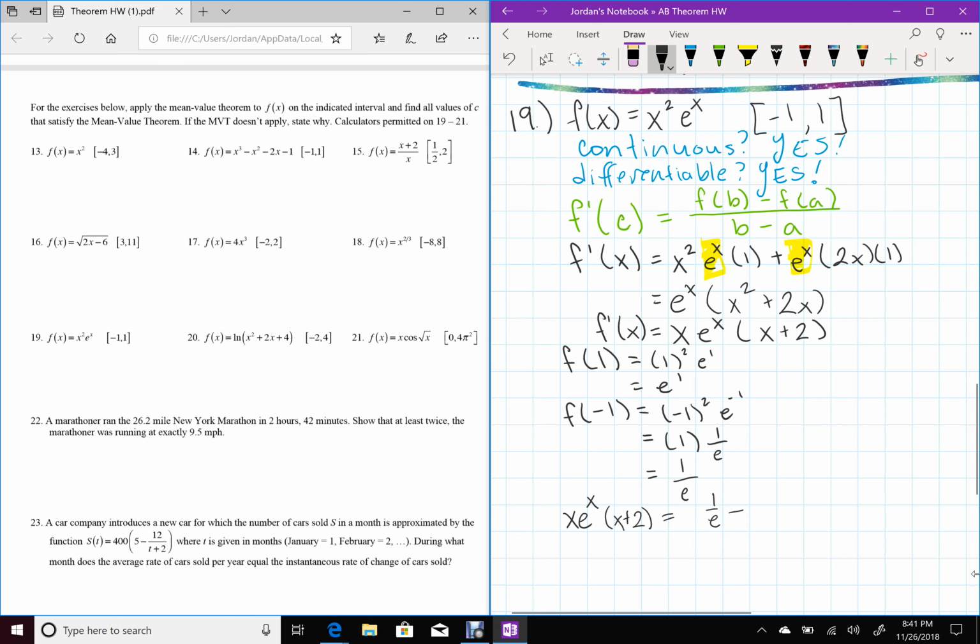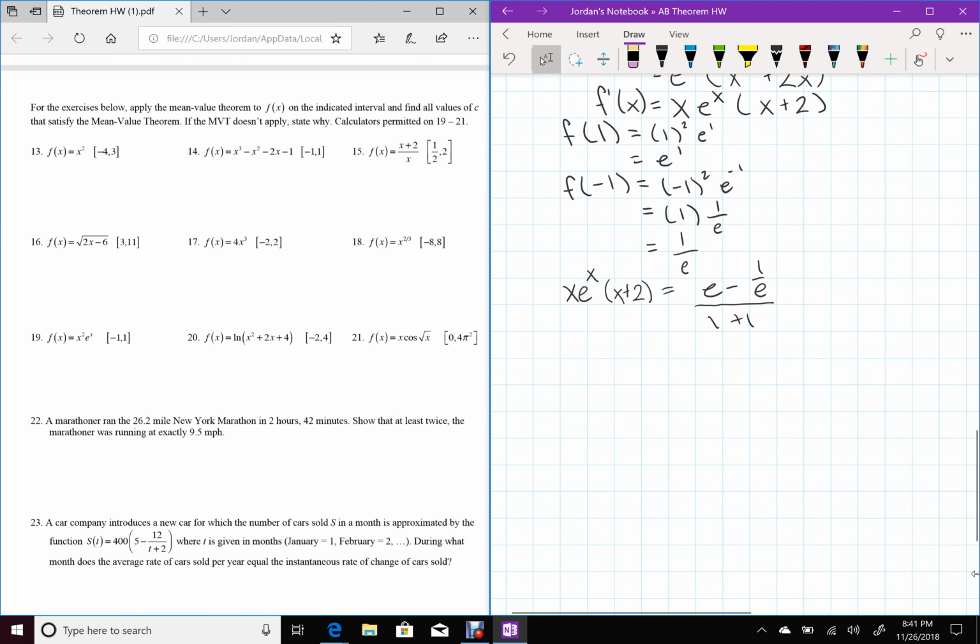So 1 over e minus what f of 1 is, which is just e, because e to the 1 is just e. And then all over, did I do that wrong? I did do that wrong. Okay, so instead of being 1 over e minus e, it's e minus 1 over e. And then it's 1 minus a negative 1, so plus 1.